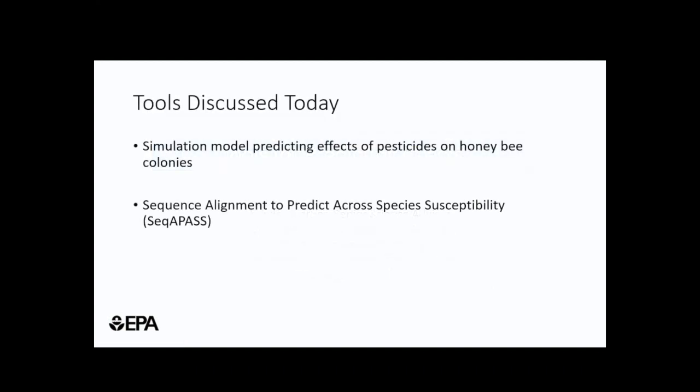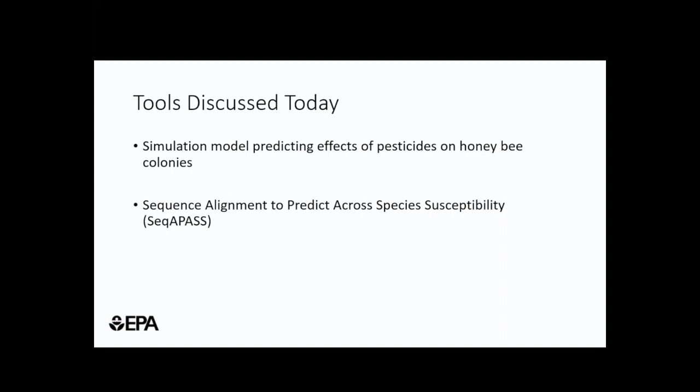So I'll discuss 2 projects, and they're at 2 completely different levels of biological evaluations. The first, which I'll discuss in more detail, is a honeybee colony simulation model that essentially translates effects that occur to individual level bees and then translates those effects up to the colony level.